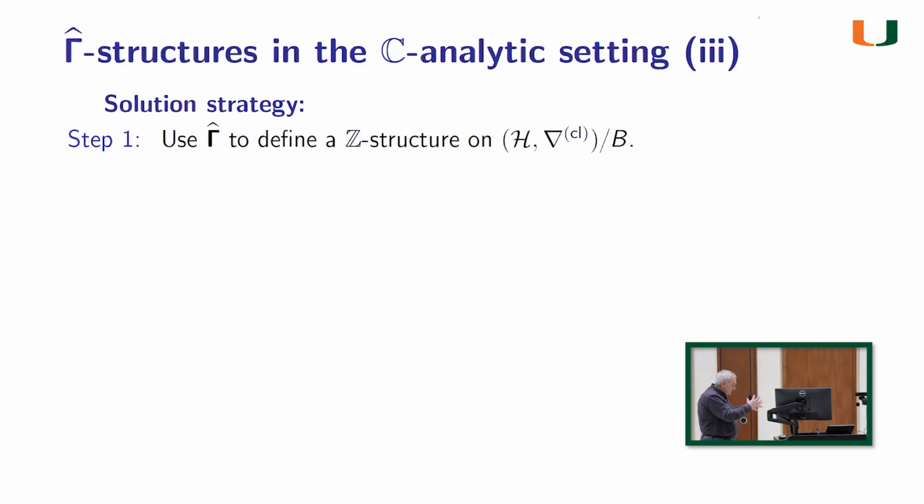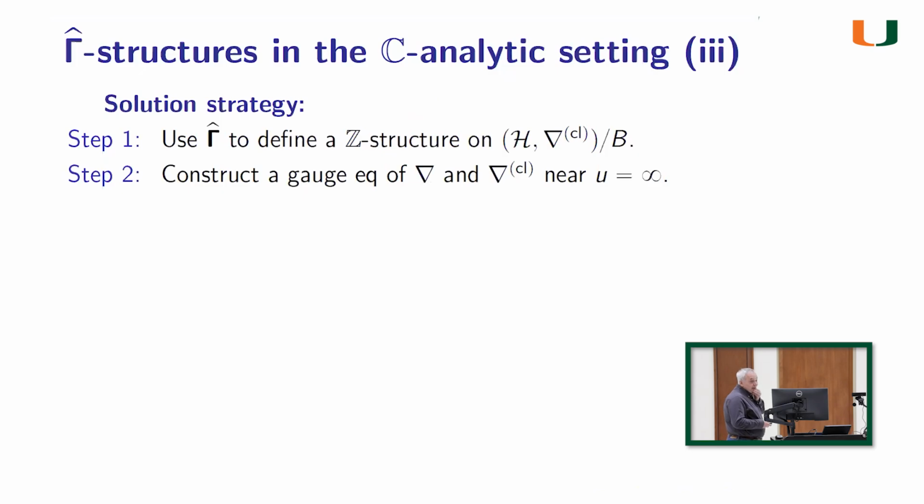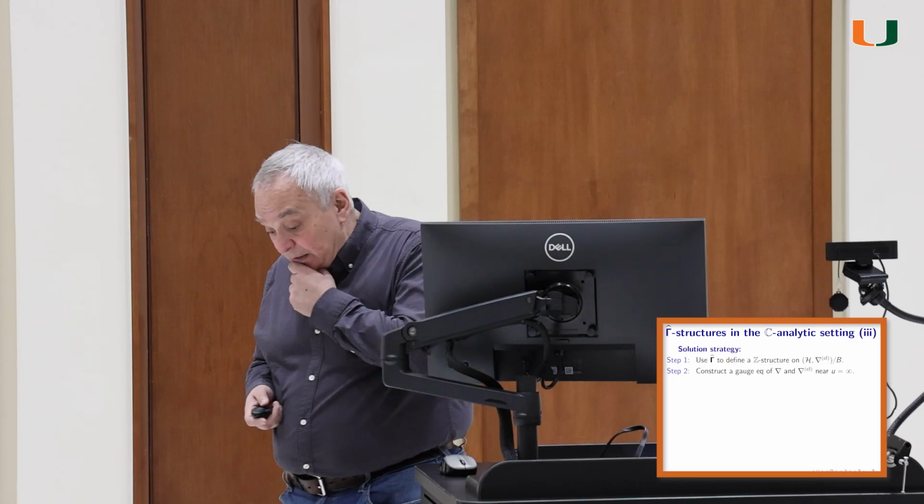Okay, so here is the strategy we are going to employ. So first, we are going to define this structure on the classical limit of the quantum D module. Then, here is something really interesting happening.